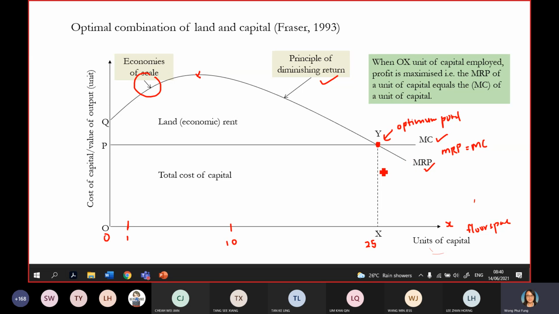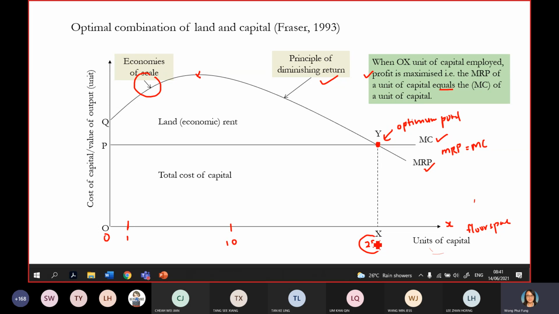We say profit is maximized at point Y when MRP intersects with MC. Here, profit is maximized, MRP is equal to MC. So the developer should stop building at 25.